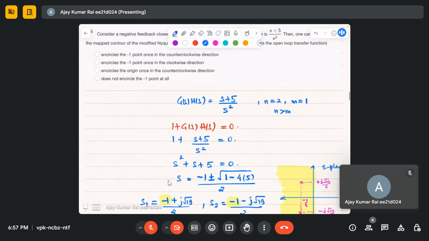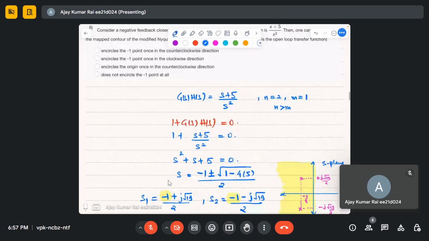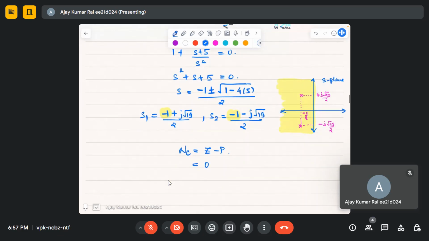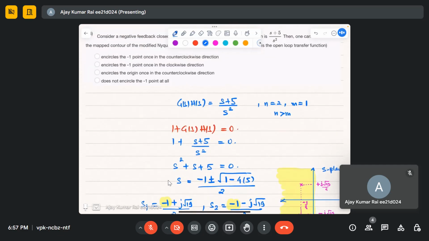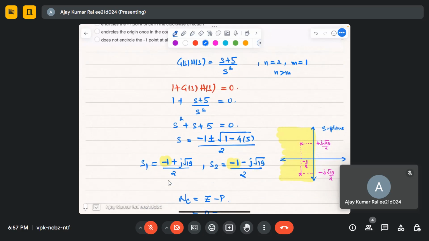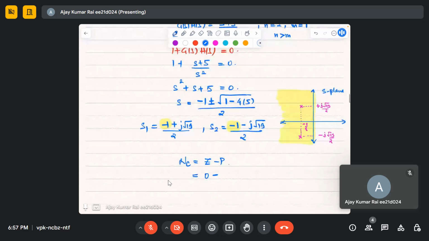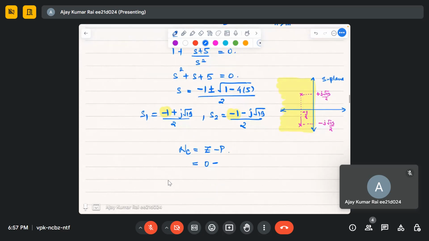And P, you can see from the open loop transfer function, is equal to 0. The two roots are lying on the origin, but not in the right half of the S plane. So this is equal to 0, and there is no encirclement.